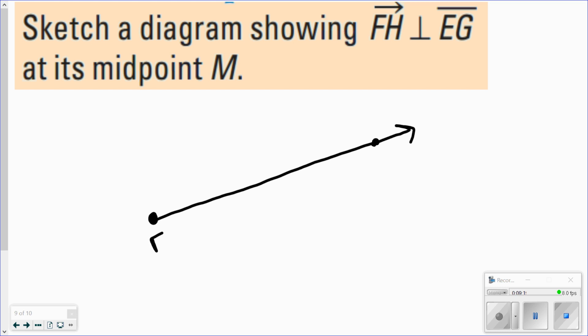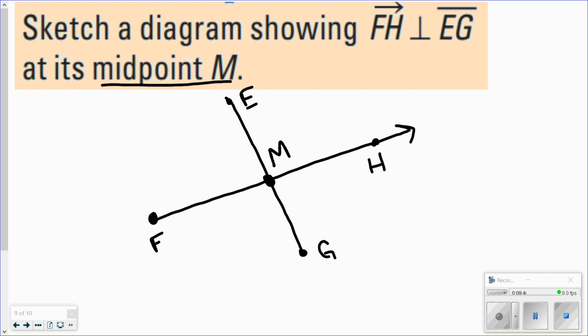So F and H. I'm going to draw a segment. I will name this E and this one G. The midpoint is M, so the intersection, once again, is going to be M.